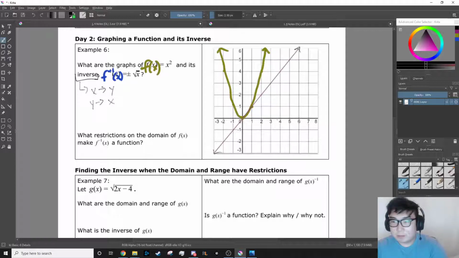No, it's 4, sorry. 4, 2. And it should be like this. 4, 2, or -1. Okay, and it looks like this. So my graph now looks like so.